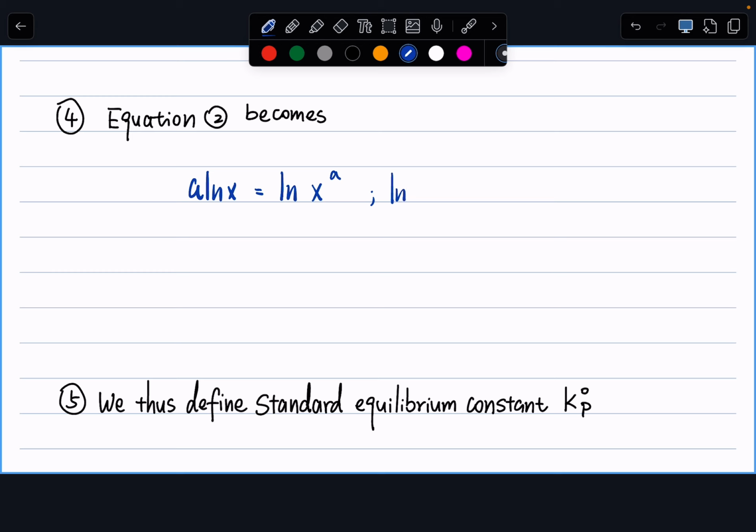We also know ln x plus ln y is effectively ln xy, and ln x minus ln y is ln x over y. So in here, instead of writing it as, yes? Could you add parentheses for the exponent? Sure.